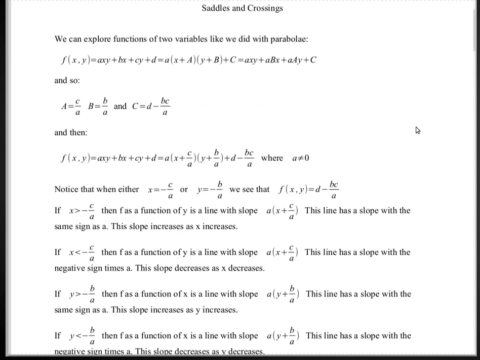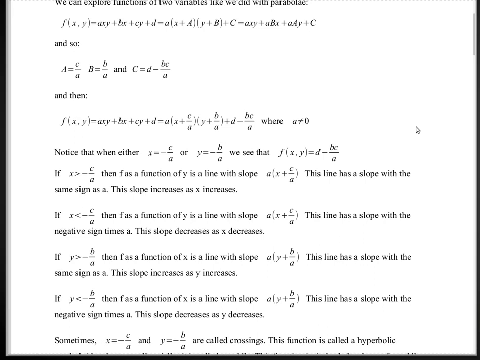So now let's look at the four different contingencies. We've got a little more in play here, but it's not too bad. If, for example, just to repeat, x is minus c over a or y is minus b over a, then we get a constant. And this constant can sometimes be important to our interpretation of this circumstance.